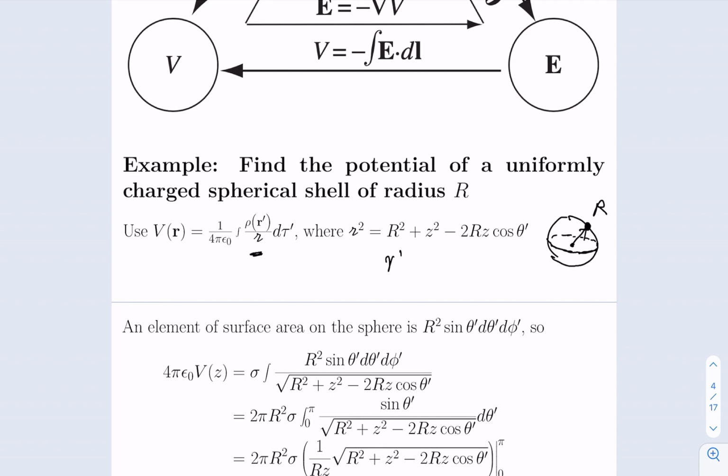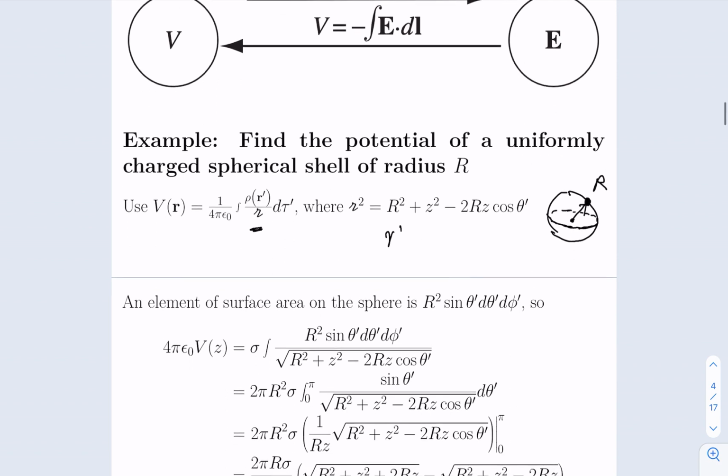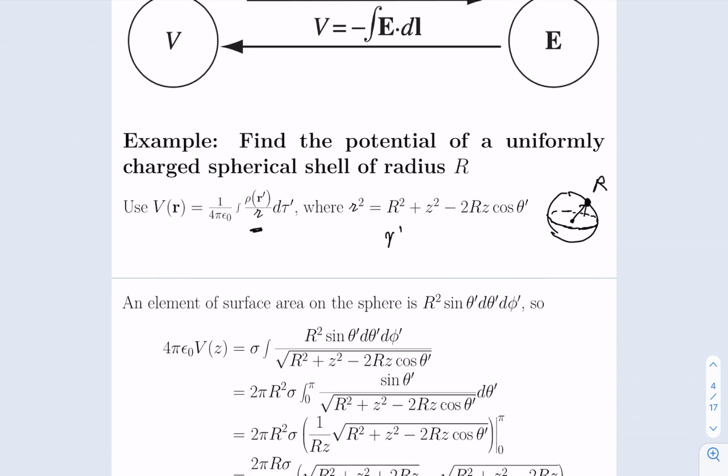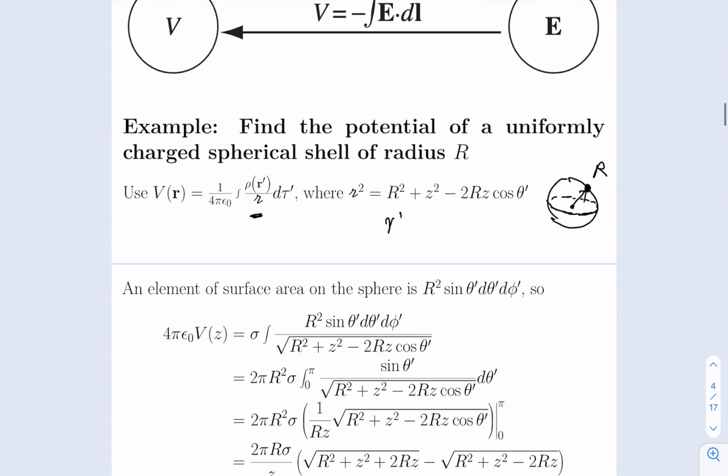Now we want to find the potential at an arbitrary point, and because this is azimuthally symmetric, we can simply choose the point B on the z-axis, and that's without loss of generality, because if it's elsewhere, we can always rotate the coordinates and bring it back to the z-axis. Now, if we do that, then this r coordinate will be z hat.